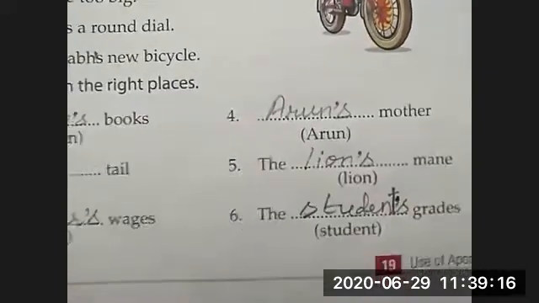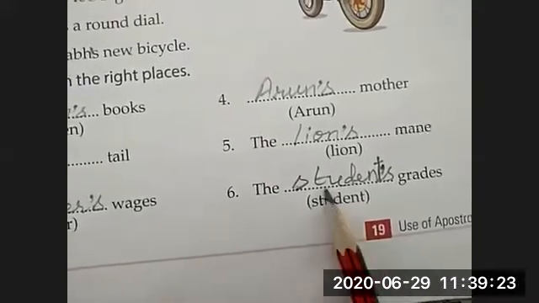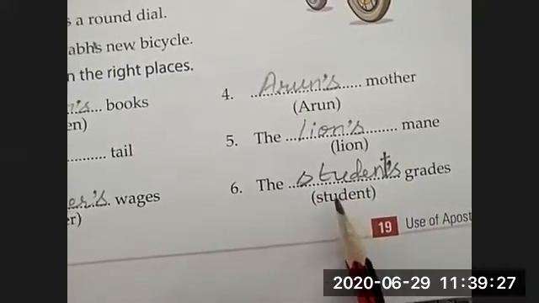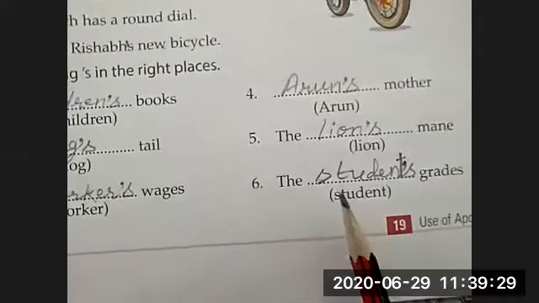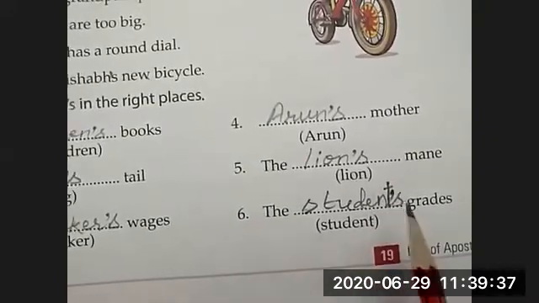So, children, remember one thing: student is already a plural noun, but it is not ending in s. That's why, according to the rule, if the plural noun doesn't end in s, we add apostrophe with s.